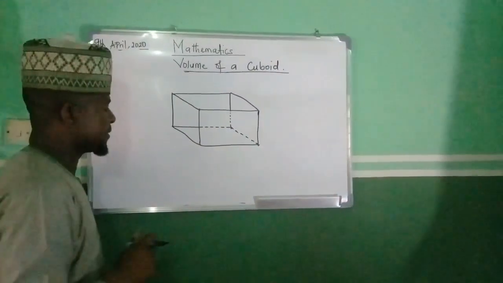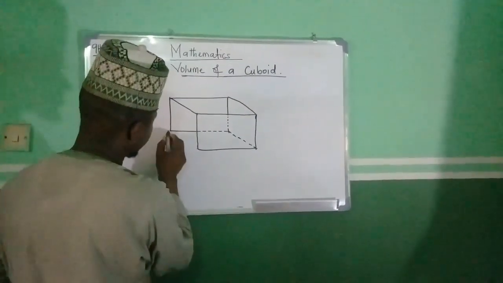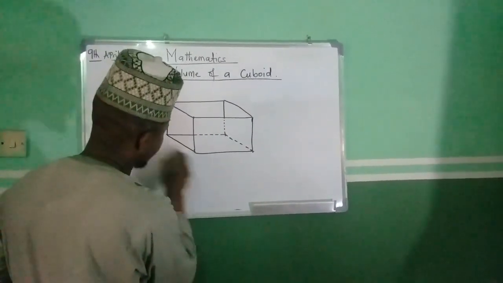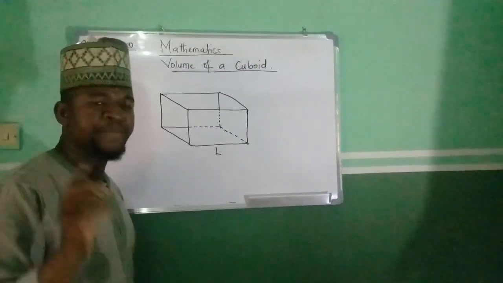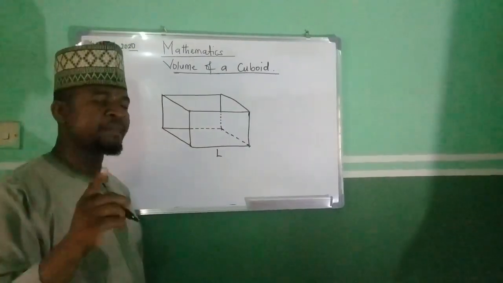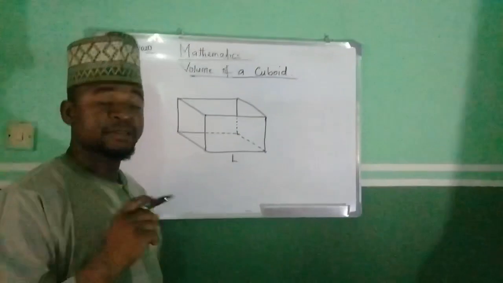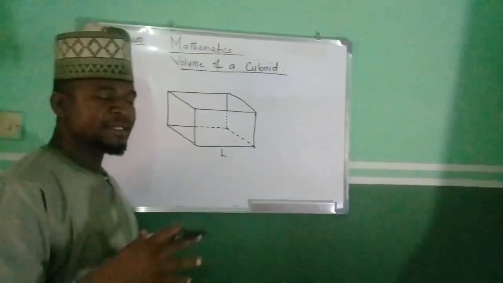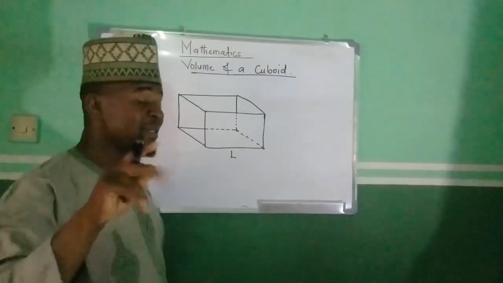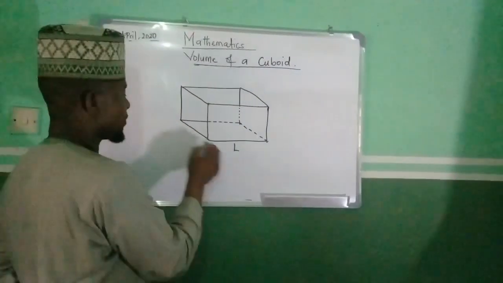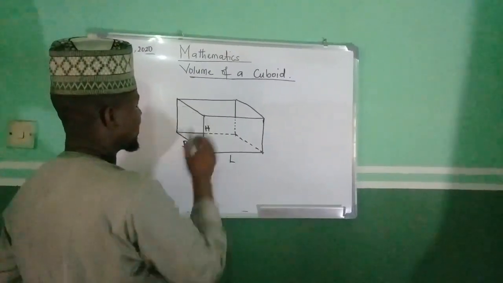This is my cuboid. The dimensions are three, being a three-dimensional figure. A cuboid is a three-dimensional figure. Hence, you realize that the parameters used in deducing whatever it is about it are usually in three forms. We have the length, we have the breadth here, and we have the height.